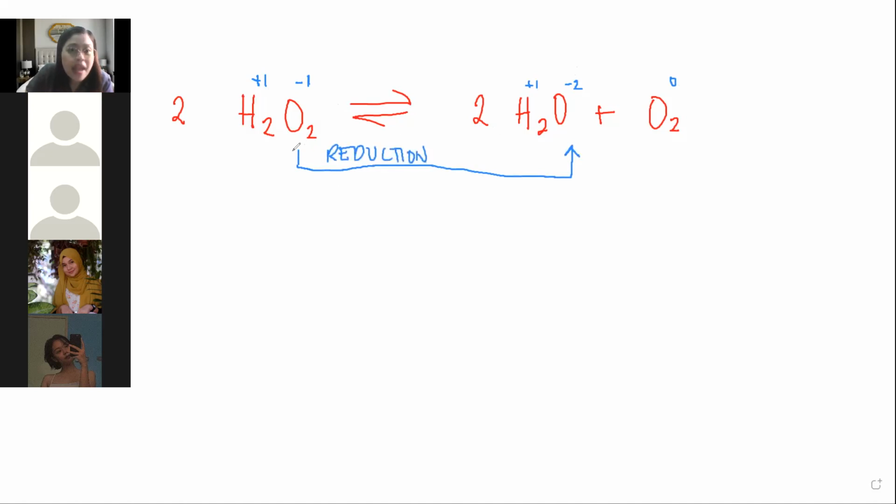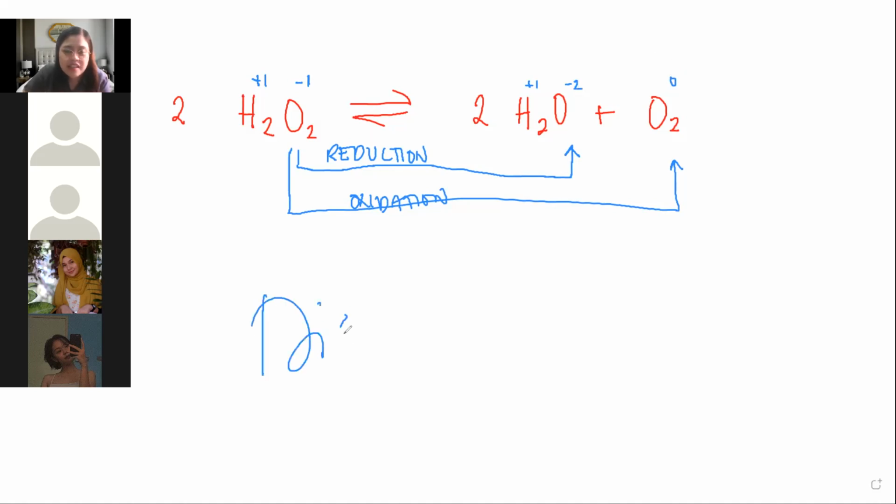Now, the same element, still oxygen, ang na-oxidize. So this part here is oxidation. Kasi from -1, naging 0 siya. So kaya this one again is a disproportionation reaction, because in one chemical equation, you have one type of element na both na-reduce and na-oxidize.